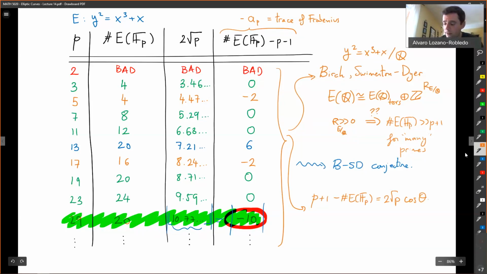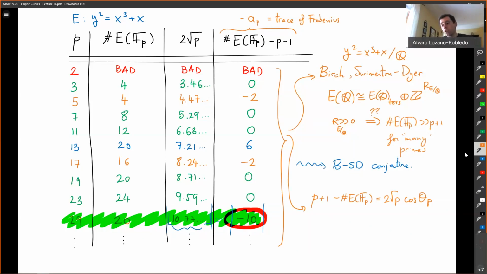Multiplying by a cosine tells me that the number on the right changes from minus 2 square root of p to 2 square root of p, depending on what angle theta_p is.